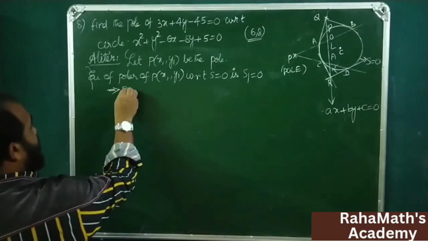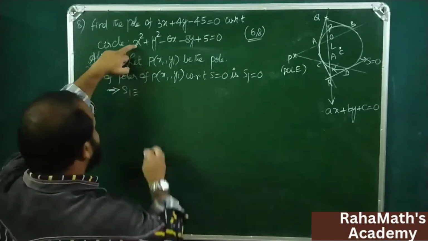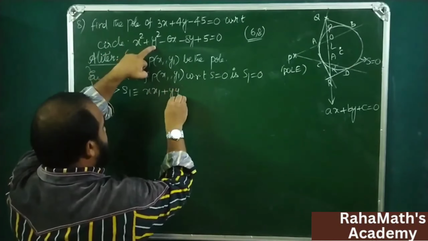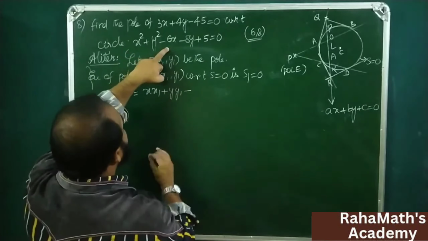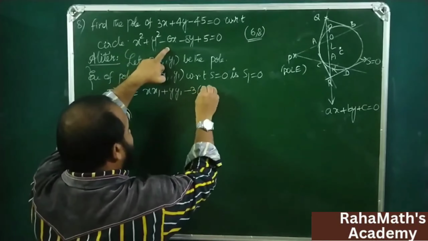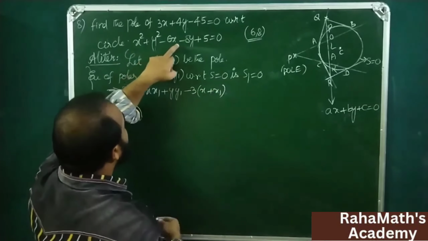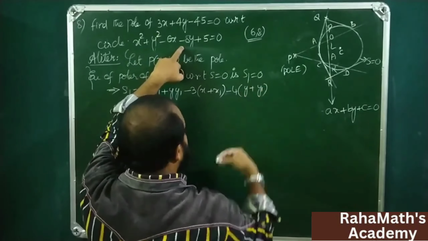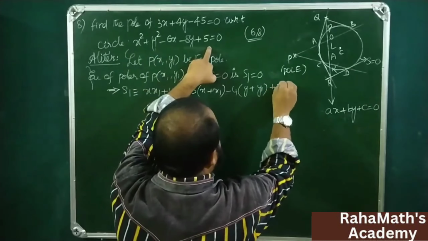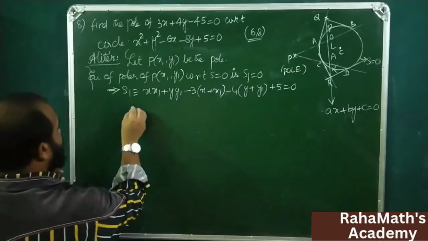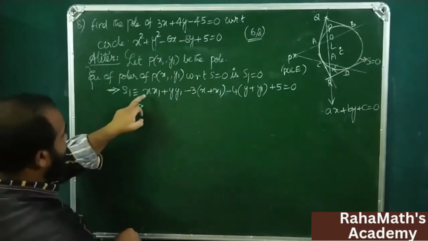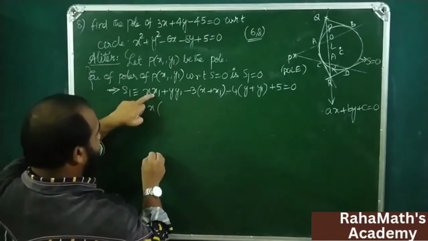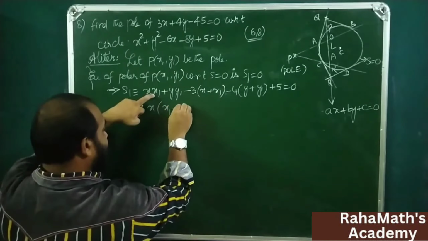So S1 is x x1 plus y y1 minus 3 into (x plus x1) minus 4 into (y plus y1) plus 5 equals 0. This implies, taking x as common, (x1 minus 3) x.